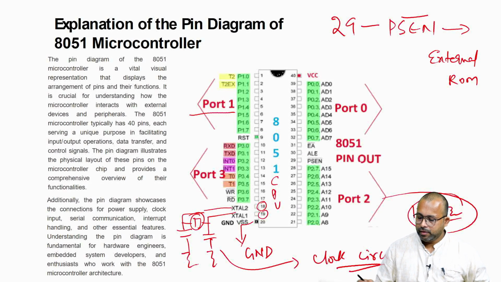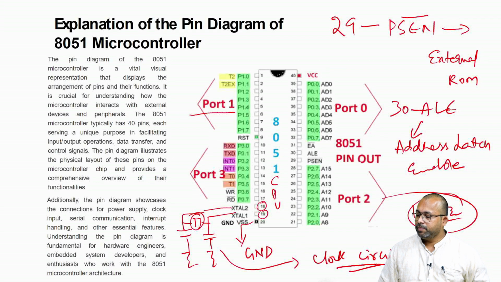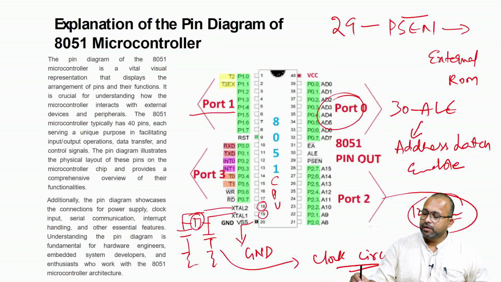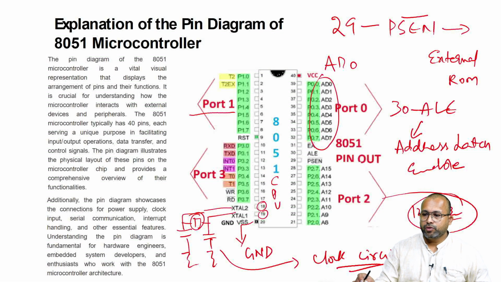And the port pin 30 is called ALE, which is abbreviated as address latch enable. Port 0 has multiplexed address and data lines when memory is connected across port 0 and port 2.